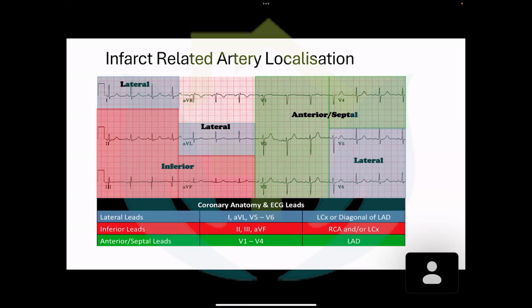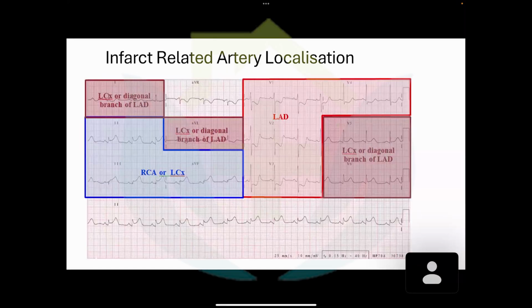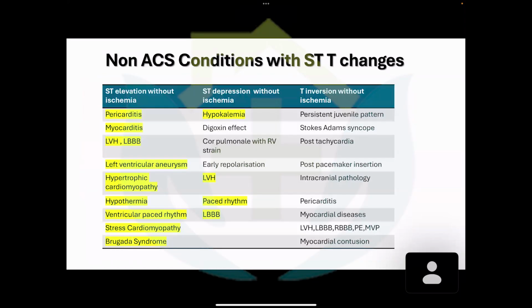Lateral leads 1, aVL, V5, V6, then that is a typical cause for left circumflex or diagonal of LAD. Left circumflex, RCA, and LAD, everybody knows. And these are the ECG changes which can occur: 2, 3, aVF for RCA and 1, aVL, and V1, V2, V3, V4 for the LAD.